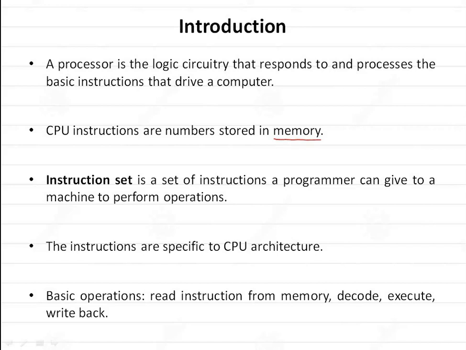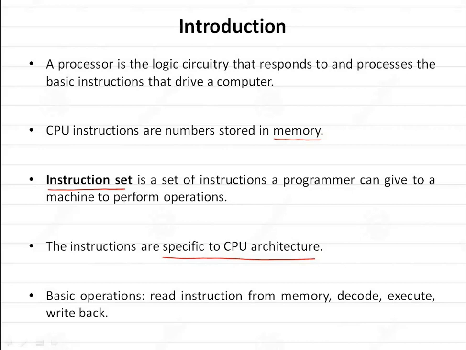Now along with that, every processor architecture supports an instruction set. An instruction set is basically a set of instructions or a program that can be used to perform operations on our machines. These instruction sets are generally specific to a CPU architecture.